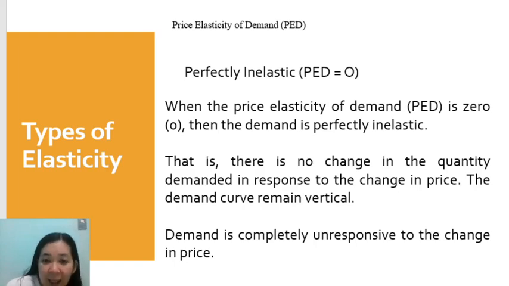That is, there is no change in the quantity demanded if the price changes, so the demand curve will remain vertical. Any changes in the price of these goods or services will not have an effect on the quantity demanded by the customer. So the demand is completely unresponsive to the change in price.